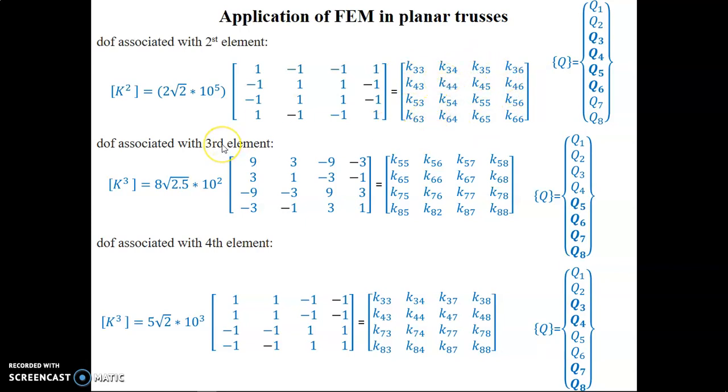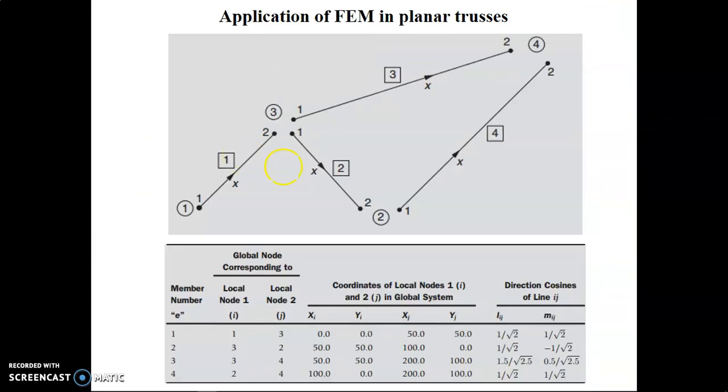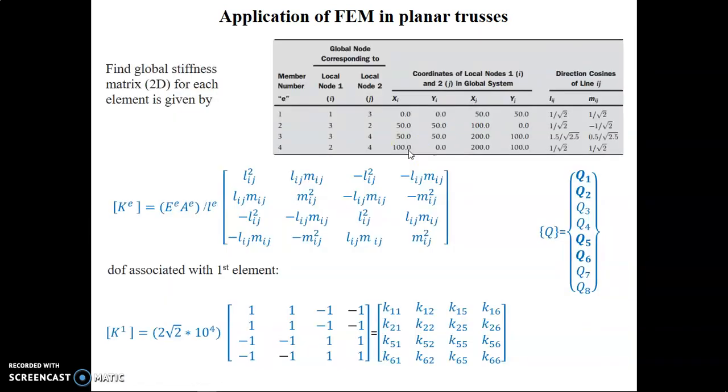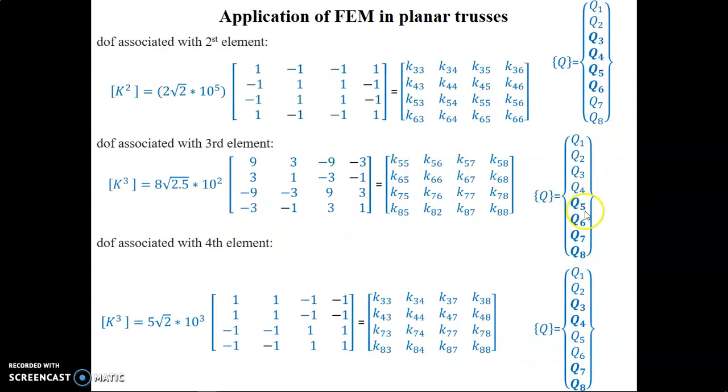So we will be developing this type of coefficient matrix. Now the third element is obtained by connecting the third and the fourth node, and the degrees of freedom associated with the third node are 5 and 6, and with the fourth node they are 7 and 8. So we will be getting Q5, Q6, Q7 and Q8.